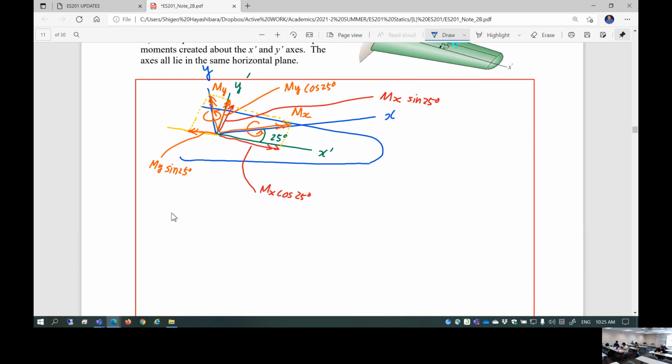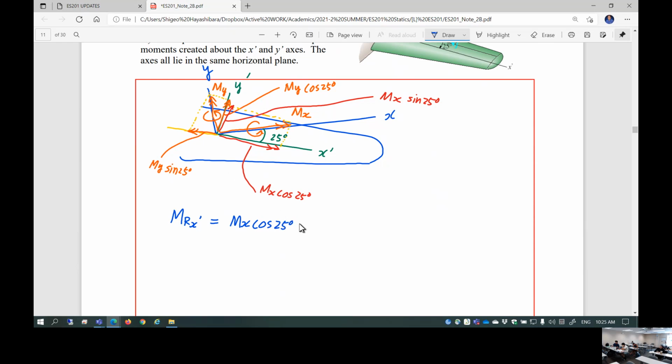So the resultant of the x component is the x component of this, which is positive Mx cosine 25.